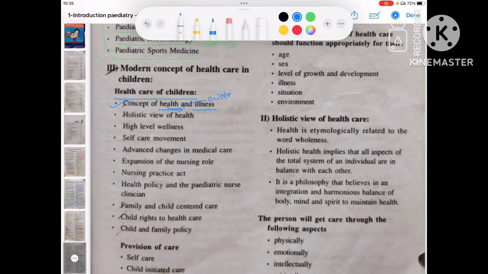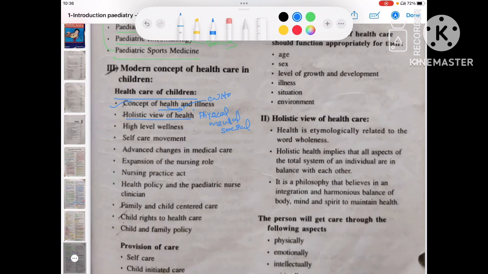Then the holistic view of health. It may be physical, mental, psychological, social, all of this comes under the holistic view of health.